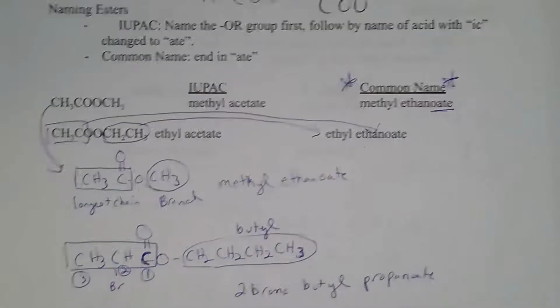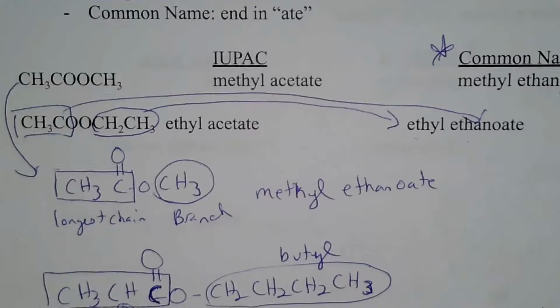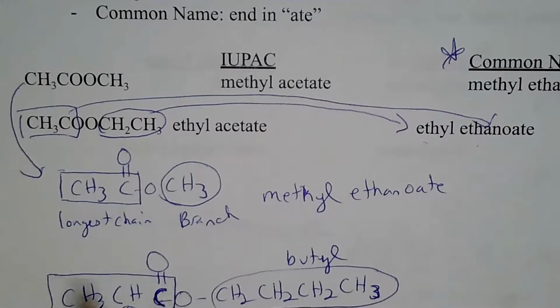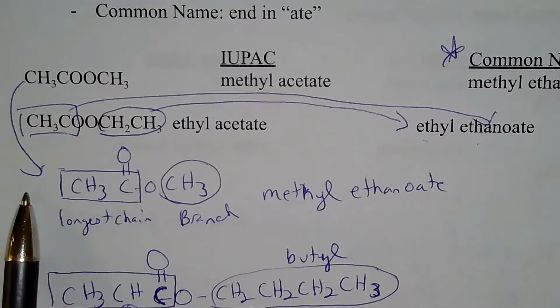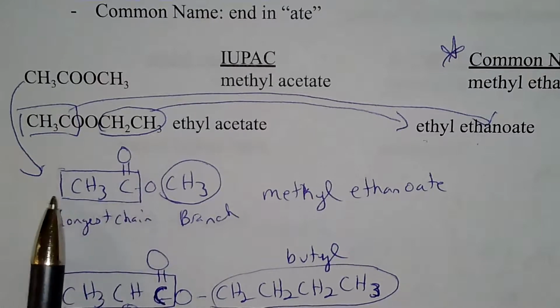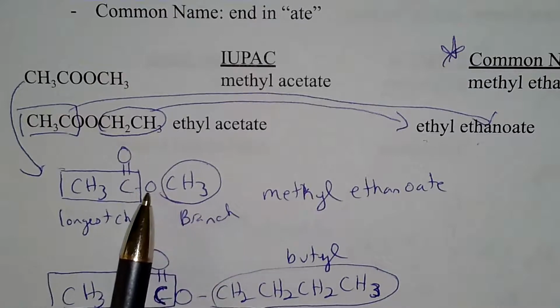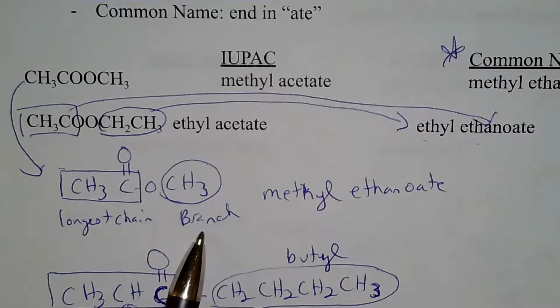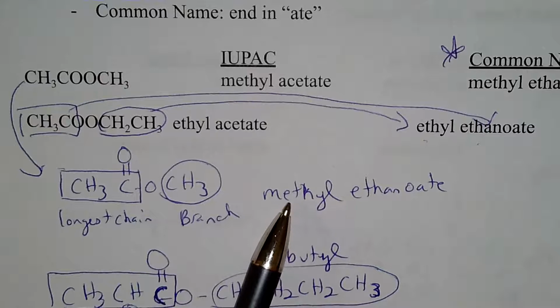The C double bond O, and however many carbons I have attached, is going to be the longest chain. So that's one part of the name. And however many carbons I have attached to the oxygen end is going to be named like a branch, so it comes in front of the name.